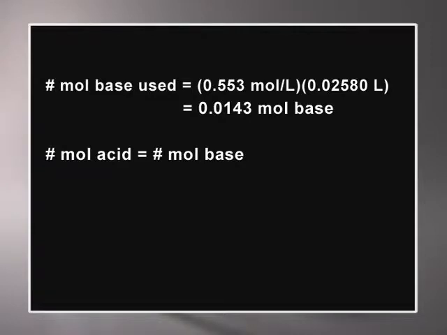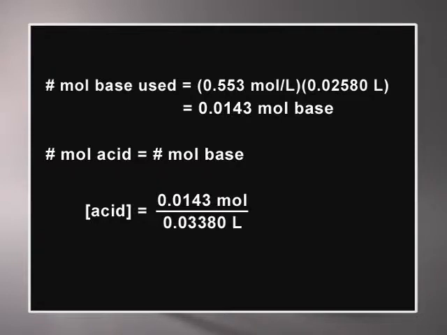So there are also 0.0143 moles of acid. This many moles of acid were contained in a total volume of acid of 33.80 milliliters, or 0.03380 liters. So the concentration of our unknown acid is 0.0143 moles divided by 0.03380 liters, or 0.423 molar.